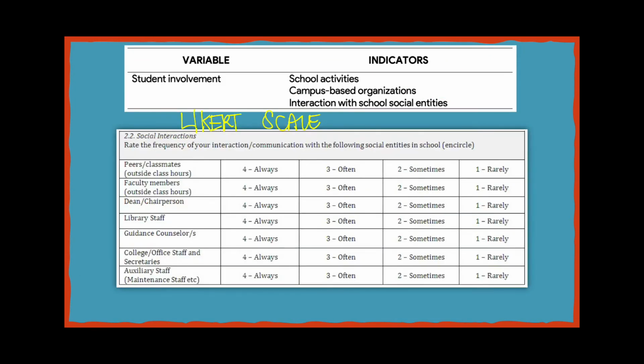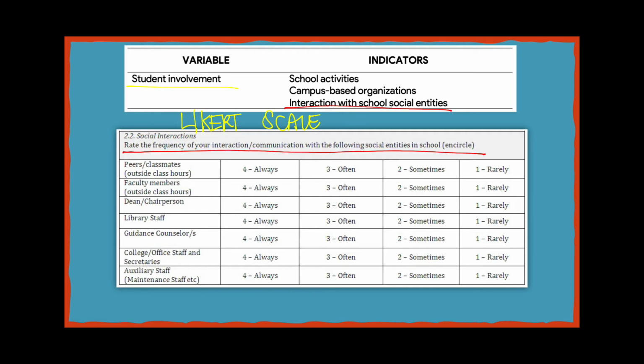Okay, so the third subdimension of student engagement is interaction with social entities. So basically, to what extent do the students have social interactions with the different school social entities? And we listed here the school social entities. So remember, when you set your questionnaire, your instrument, it's always very important to have correct, complete instructions.